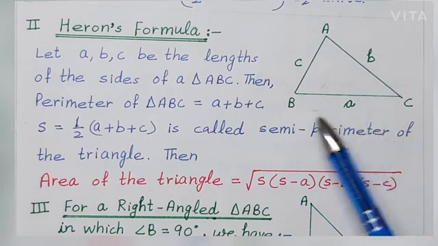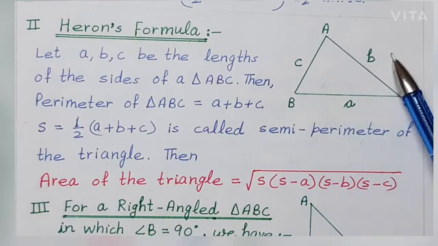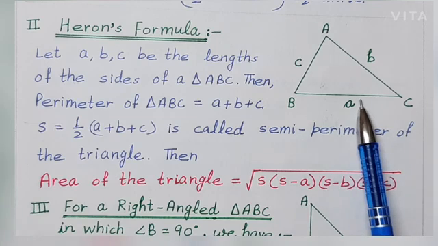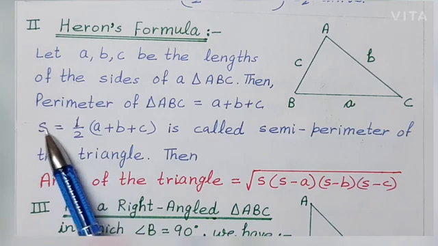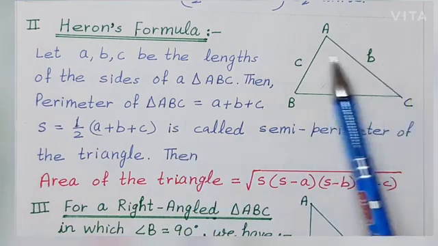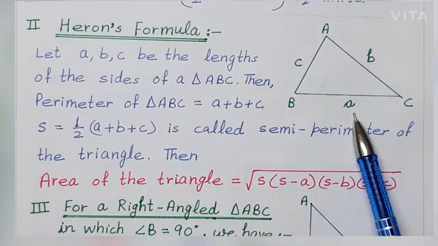The perimeter of any triangle is the sum of all its three sides.